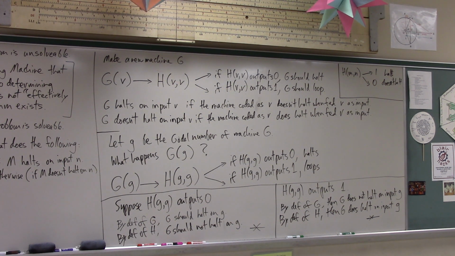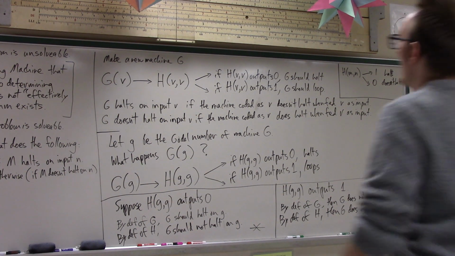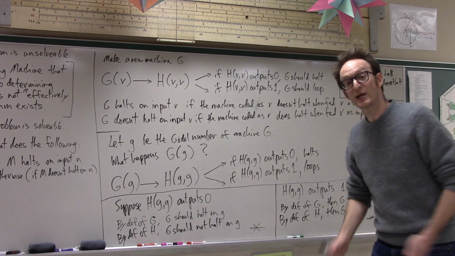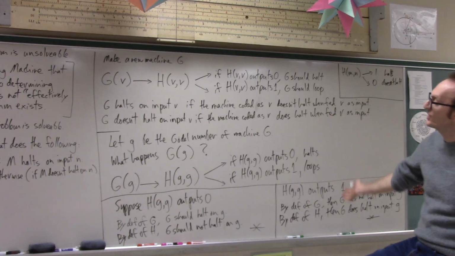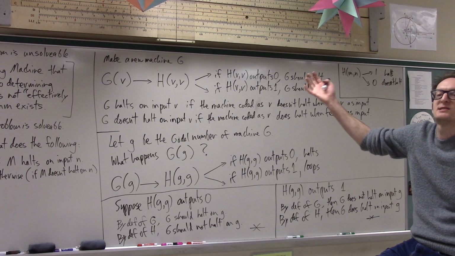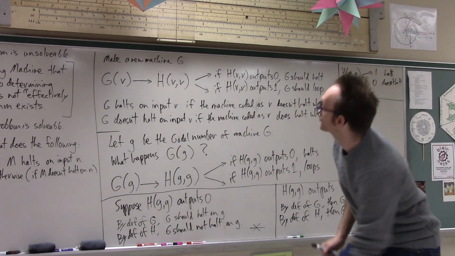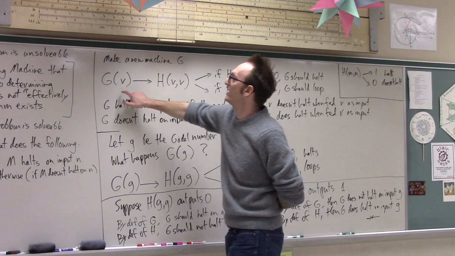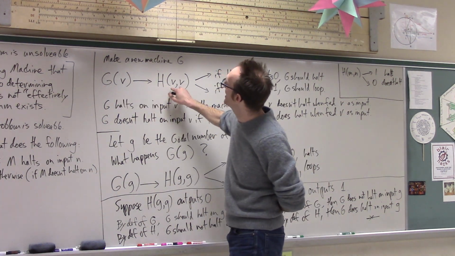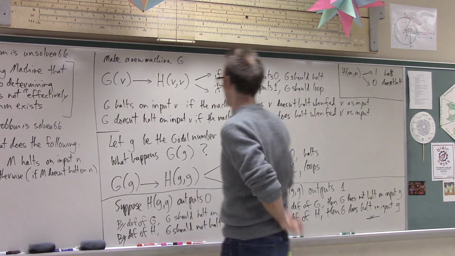So somehow the halting machine can't answer the question of what happens when you run this machine G on its own Gödel number. And regardless of what this H machine does, we have a contradiction. This is kind of a diagonalization on all Turing machines, with an extra step to convert this binary function into a unary function.